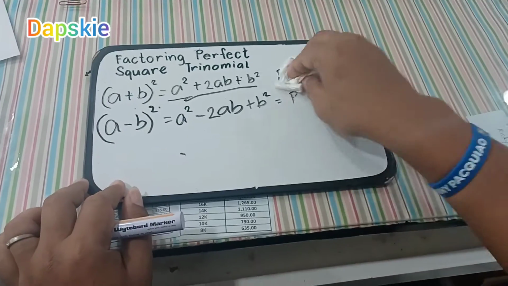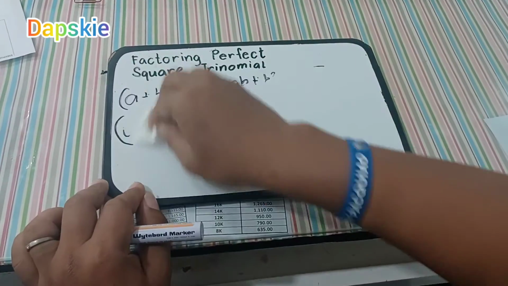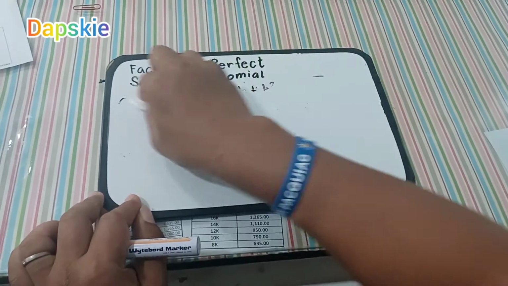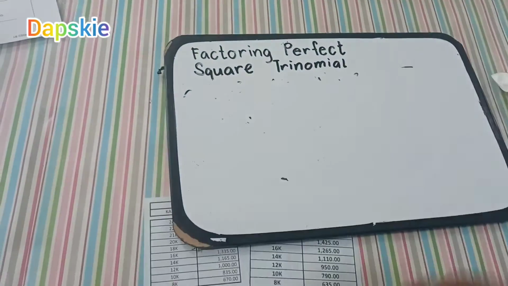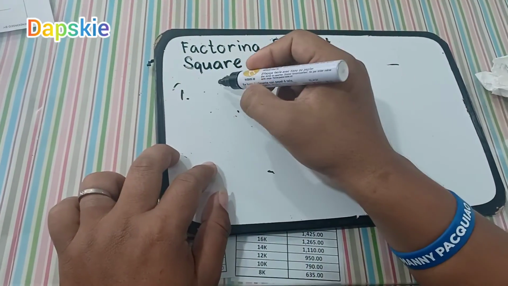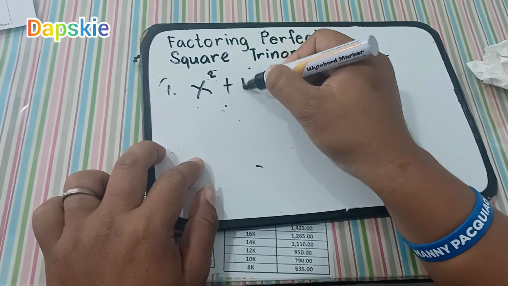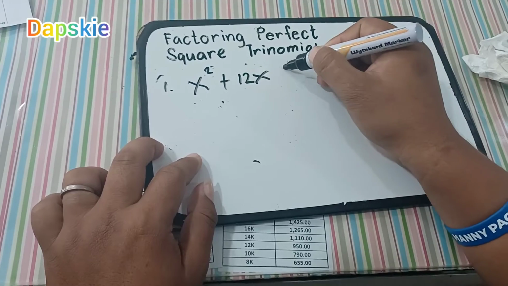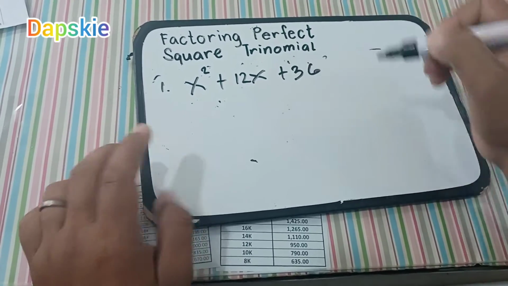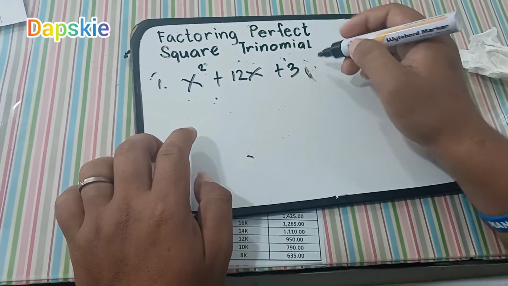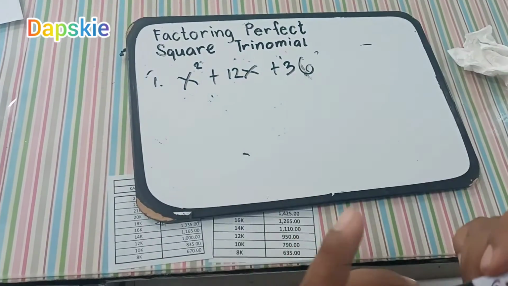So like for example, number 1, another example here. So yung number 1 natin here, x squared plus 12x plus 36. Okay.